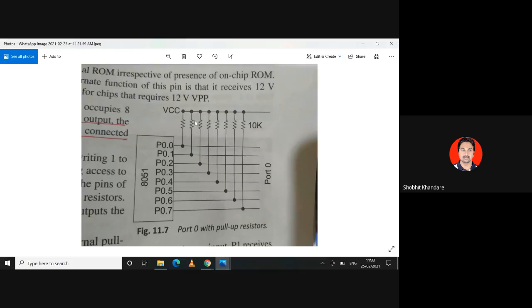Just connect the register. That is the only way in which we can limit the current. Is it fine to you? Yes, sir. Thank you, sir. Okay. So port 1, port 2, port 3 have internal pull-up registers. You can write down the note: other than port 0, the other ports, that is port 1, port 2, port 3, have internal pull-up registers.